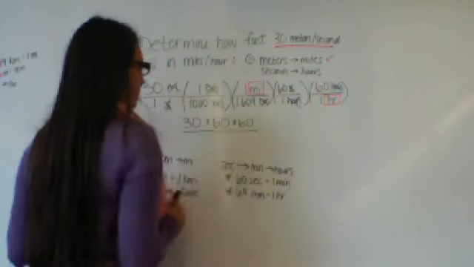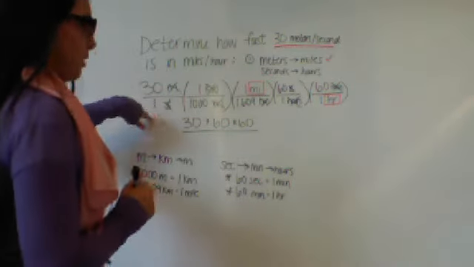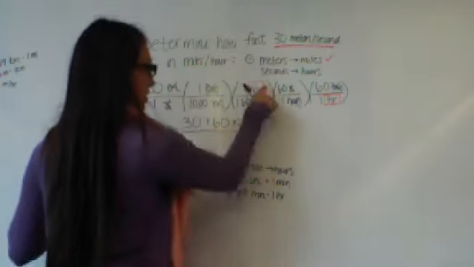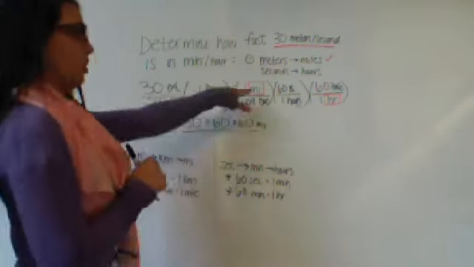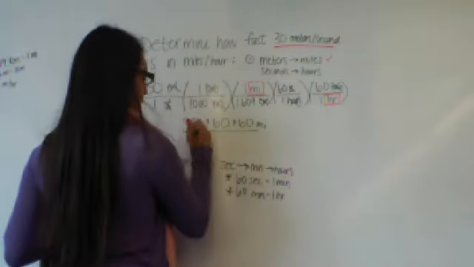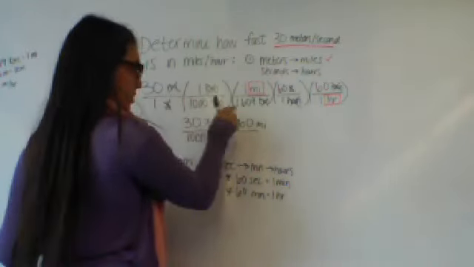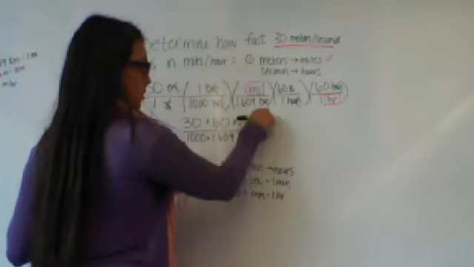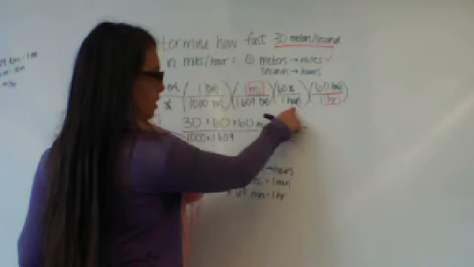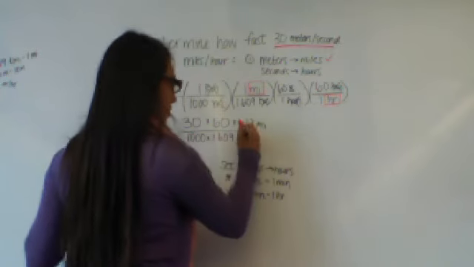That's on our top. On our bottom, this is 1, we don't need it. We have, oh, and this is miles, right? We still need to keep our units. On the bottom, we have 1,000, no units, times 1.609, no units. 1, we don't need that, and no units, and just 1 hour down here.